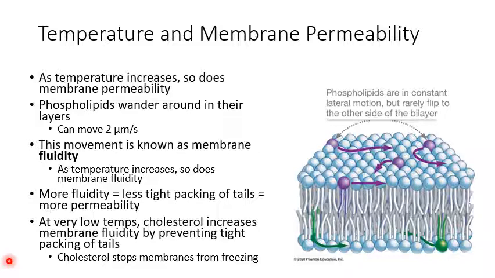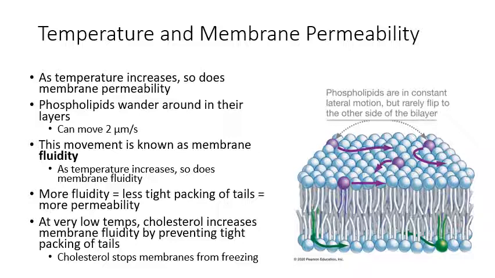And so the cholesterol is going to help maintain the fluidity and permeability of the membrane at very low temperatures. So at regular temperatures, more cholesterol means a stiffer, less permeable membrane. At low temperatures, more cholesterol means a more fluid and more permeable membrane that will not freeze.